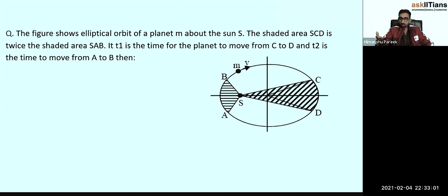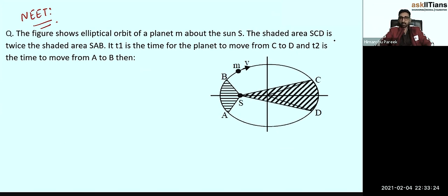Okay, now let us do two questions and then we'll end the class. The first question is based on Kepler's law. This is from the NEET exam, the medical exam. Here we can see the planet is going in an elliptical orbit about the Sun.